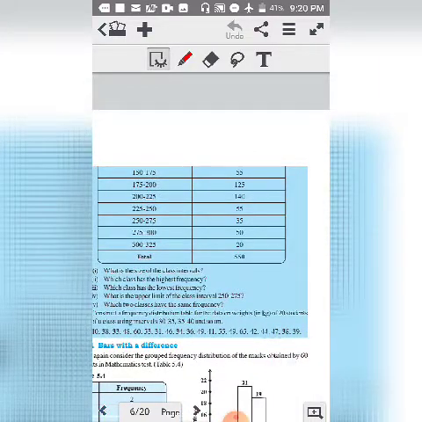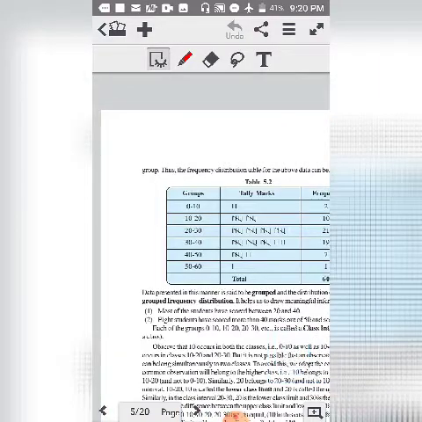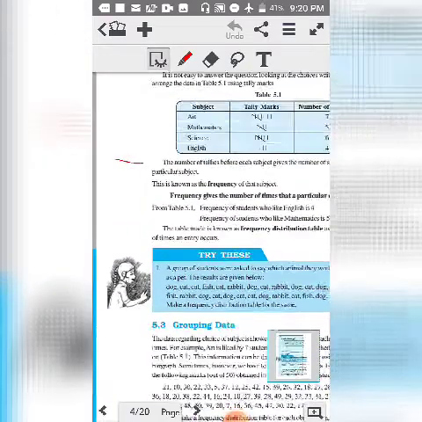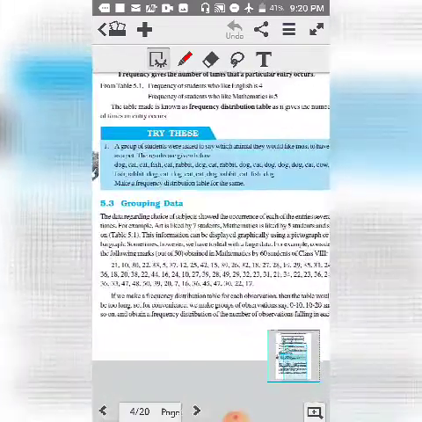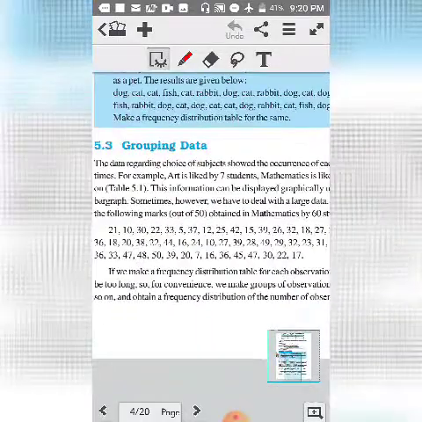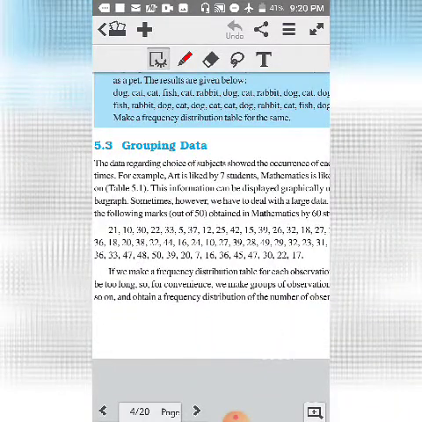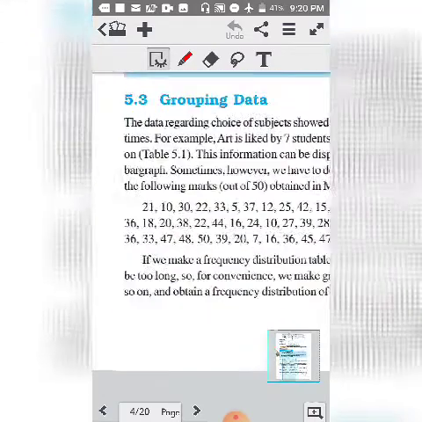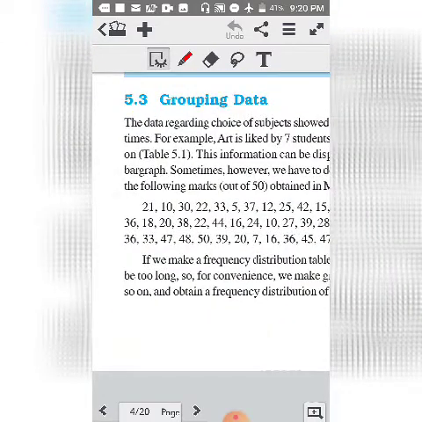The numbers which are repeating are counted. Now here there is group data written. The first number is 21, the second number is 10. So we will write 21 in the group where it fits. So the numbers are 21, 10, 30, 22, 33, 5, 37.